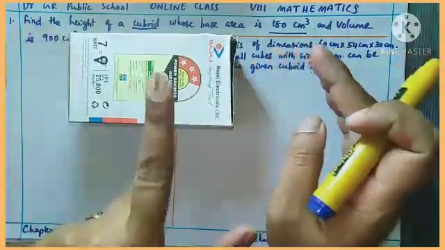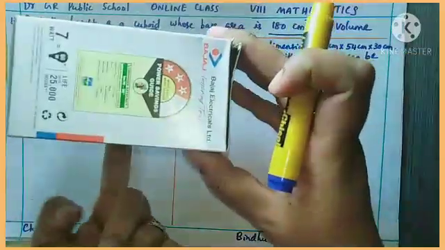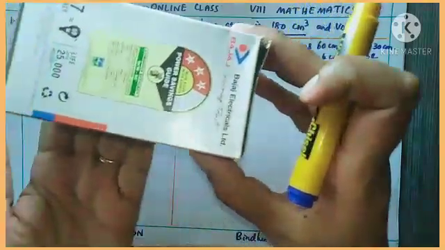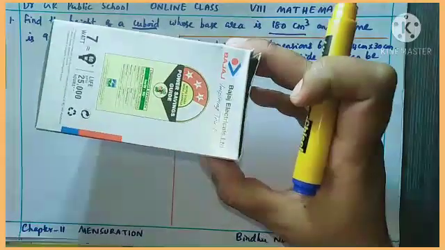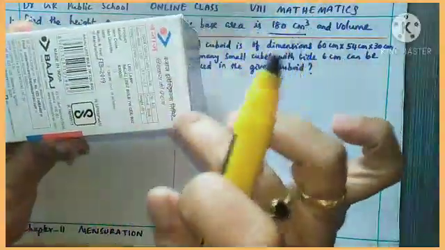Now this is the top surface, right? And this is the base. Understand? So this is the base and this is the top surface. So can you say what is the base shape there? Yes, of course it is the shape of a rectangle.